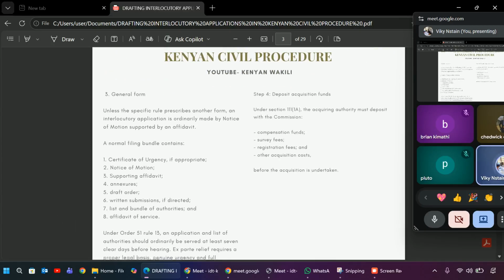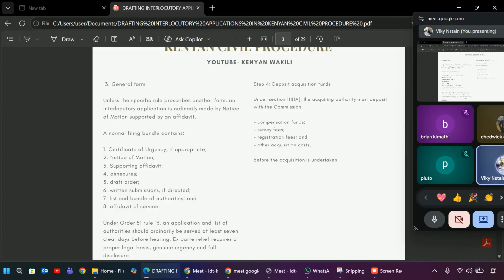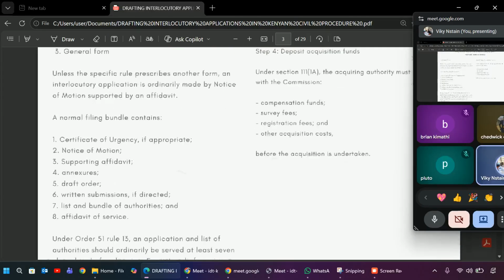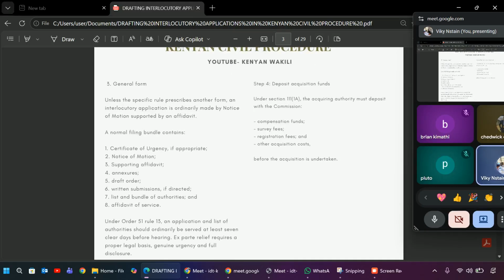Expect the general form that is usually applicable. Unless the specific rule prescribes any other form, an interlocutory application is ordinarily made by notice of motion supported by an affidavit. So a normal filing bundle will contain a certificate of urgency if appropriate, notice of motion, supporting affidavit, any annexures, and a draft order.